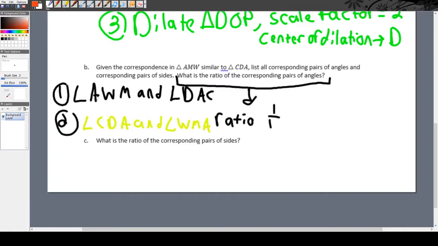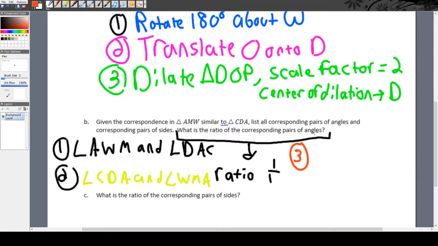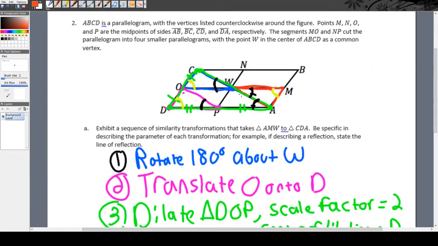And our third angle, I'm running out of space. I'll just put it over here. The third angle is going to be the one we have left. Which one do we have left? We can just skip to the last part now. We have this angle and this angle.